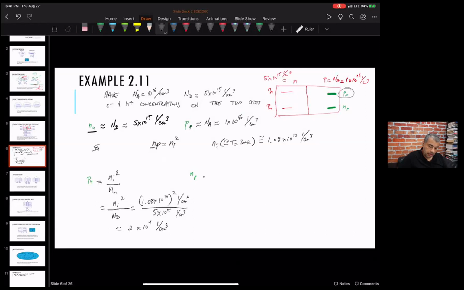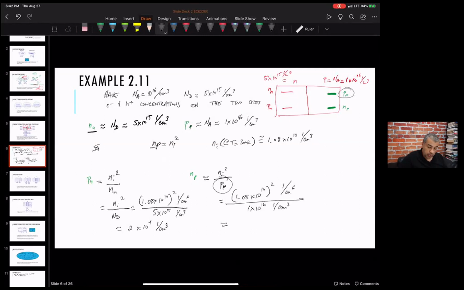And same with this. On the P side, the electrons are the minority carriers. So that's equal to ni squared over p sub p. So it's 1.08 times 10 to the 10th squared over, and p sub p is N sub A, this guy, which is 1 times 10 to the 16th per centimeter cubed.